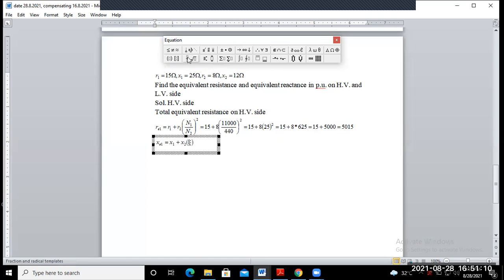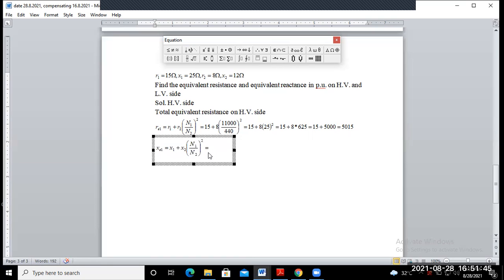So now put here the values of X1 and X2.